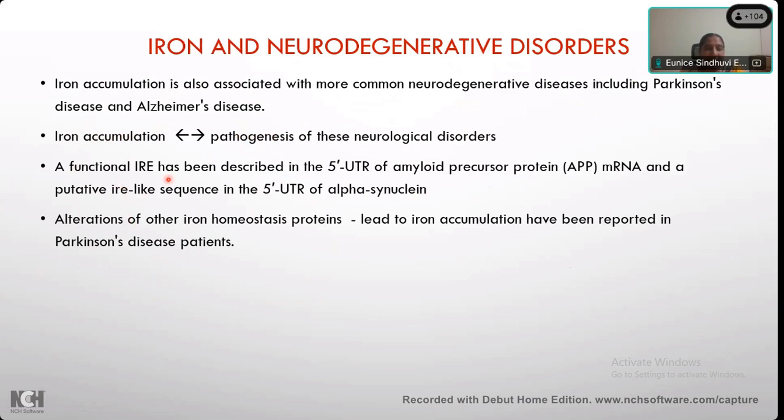But a functional iron responsive element has been described in the 5-UTR of amyloid precursor protein, and also in alpha synuclein, which are proteins essential for neural function. And alterations of other iron homeostasis proteins like transferrin receptors and others, leading to iron accumulation, have been reported in Parkinson's disease patients.